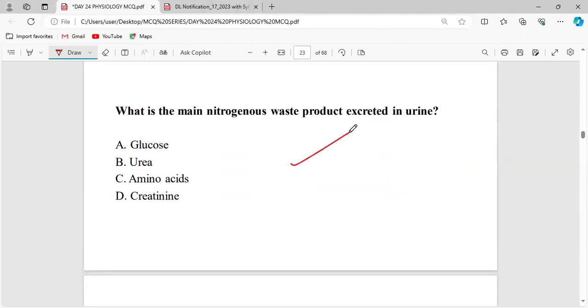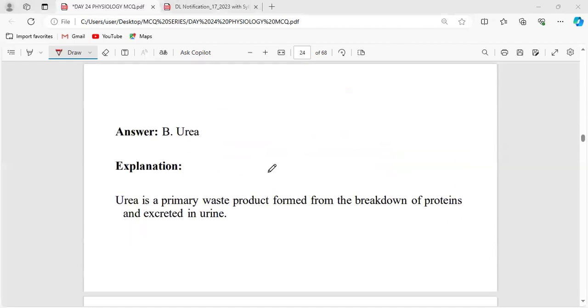What is the main nitrogenous waste product excreted in the urine? That will be urea, okay? And we also have uricotelic, ammonotelic, and ureotelic.